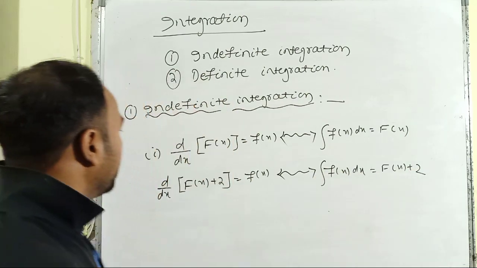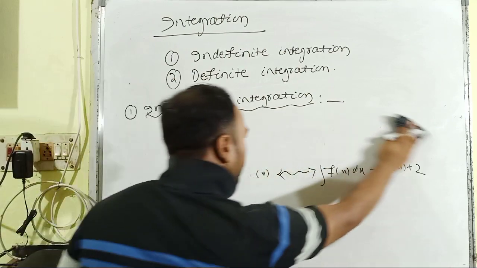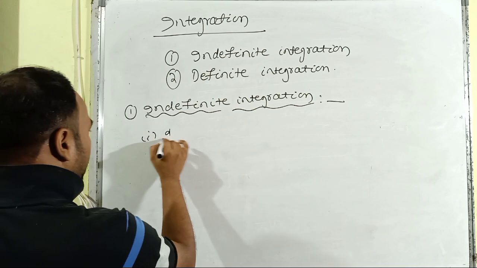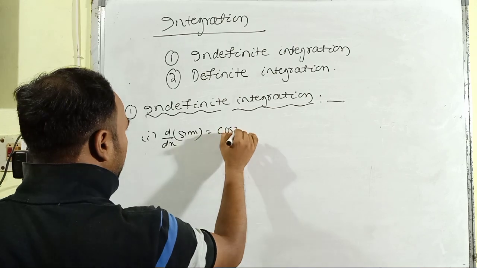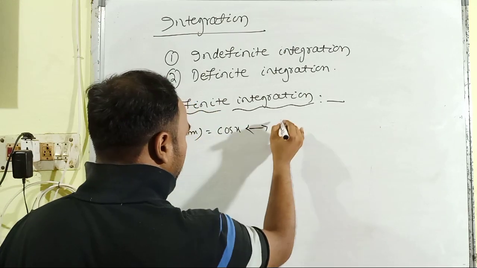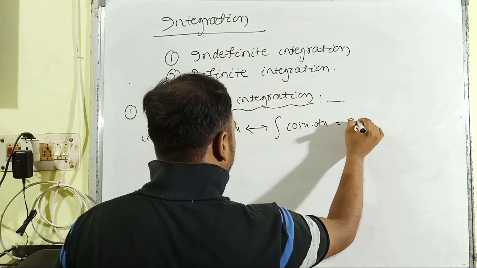So let us take some examples here so that it will be more clear to you. Suppose I have taken the derivative of sin x, and you know that it is cos x. So by applying the fundamental of integration we can have the integral of cos x with respect to x, and it is sin x.